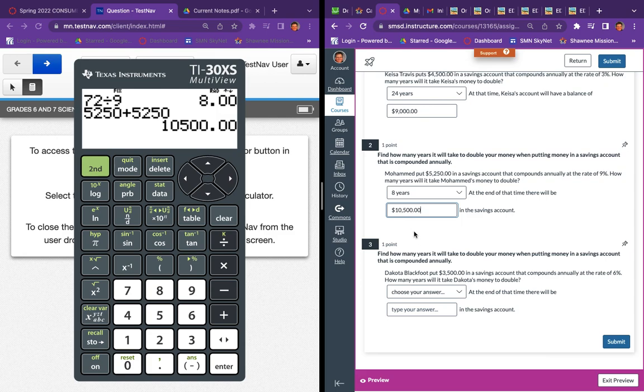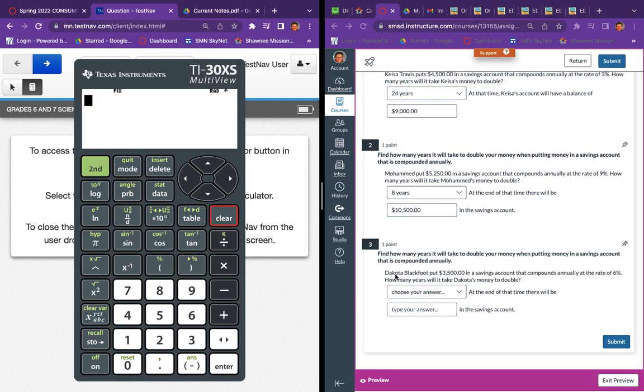So pause the video, try number 3, turn the video back on, and see if we get the same thing. For number 3, Dakota Blackfoot put $3,500 in a savings account that compounds annually at a rate of 6%. How many years will it take Dakota's money to double?